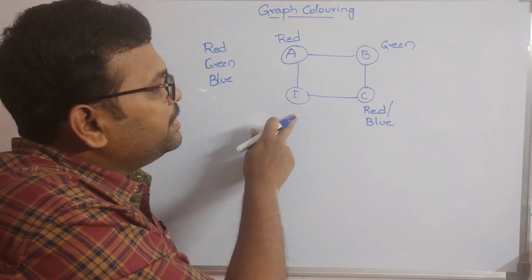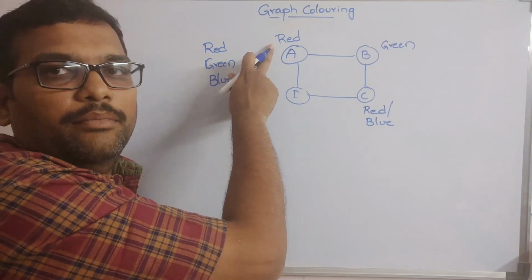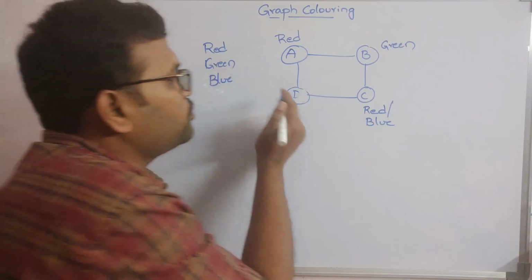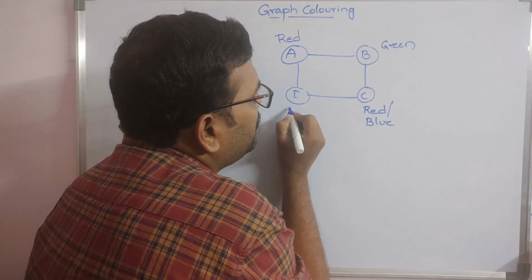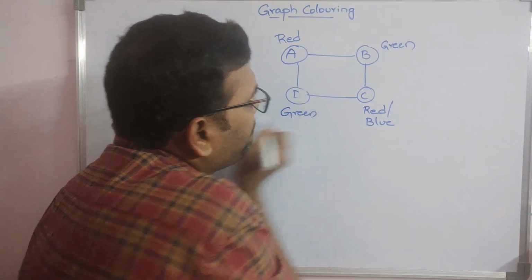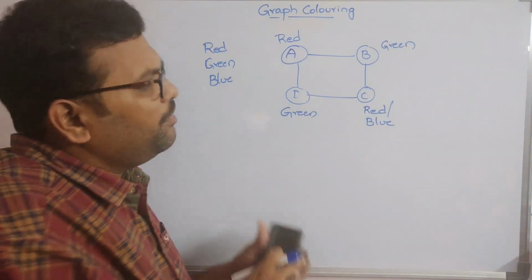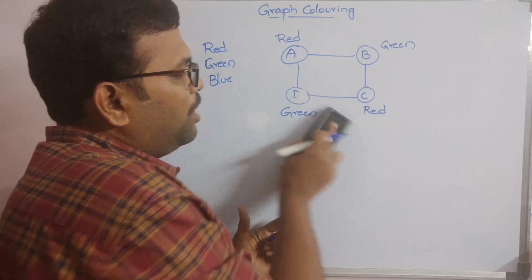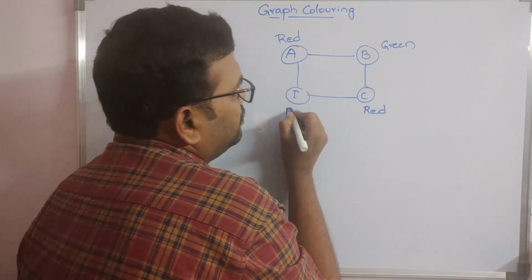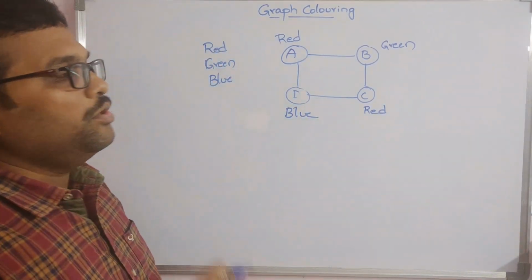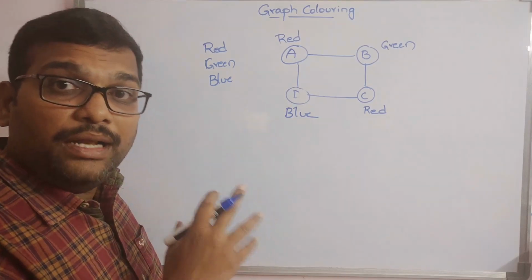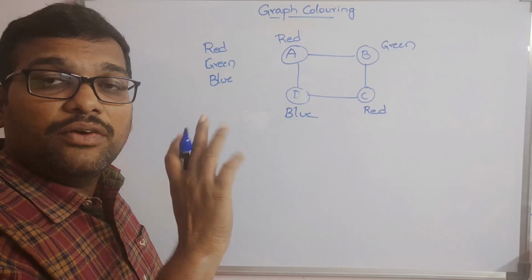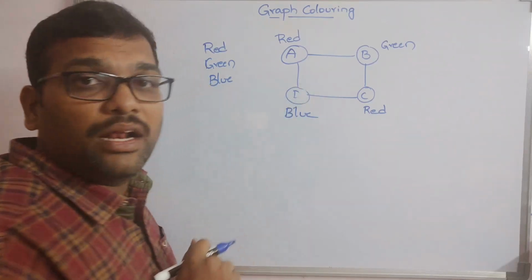And here, this should not be colored with red because the adjacent region is filled with red. So it can be colored with green. For example, let us take here red, okay? And here we can fill with blue, right?